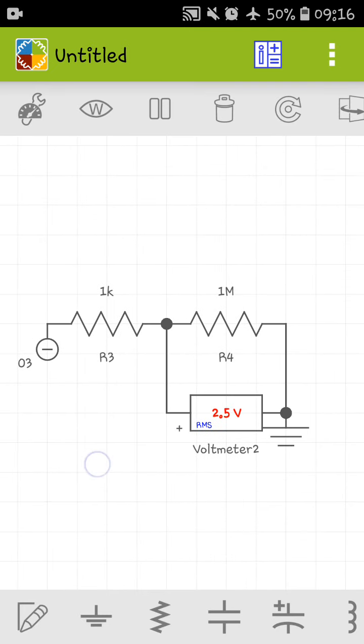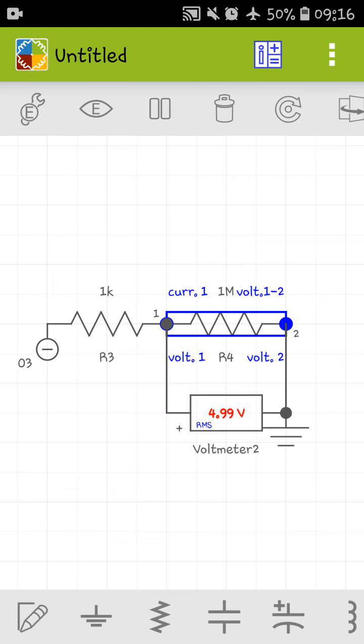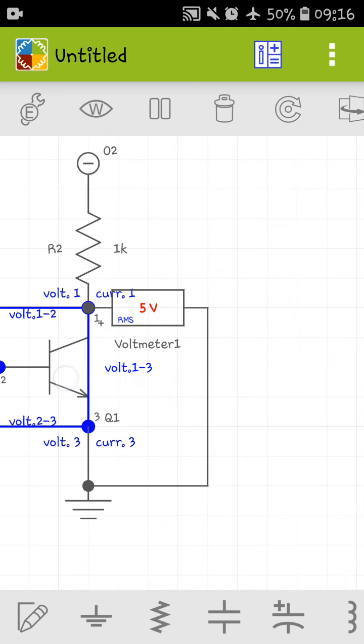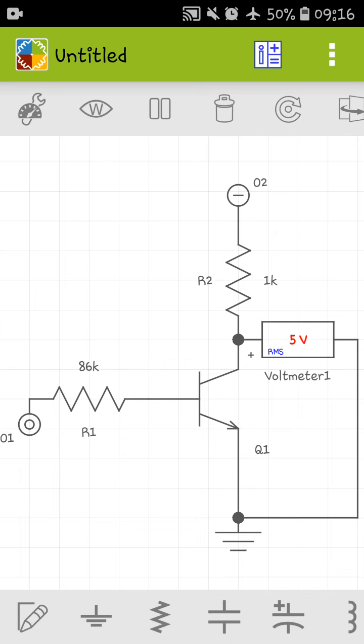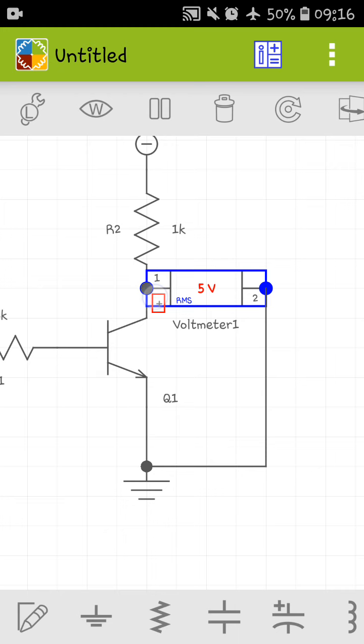You can see here is 5 volts and all the 5 volt appears across this 1 mega ohm resistor. Similar happens here. When the transistor is in off state, all the supply voltage will appear across the collector emitter terminal of the transistor.